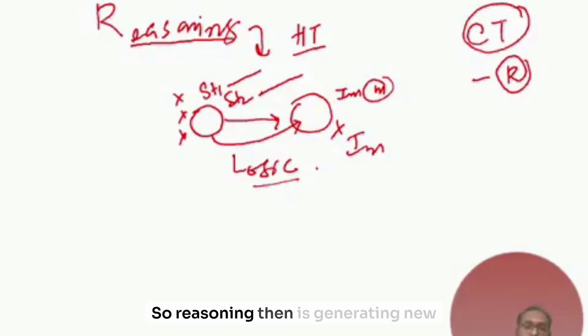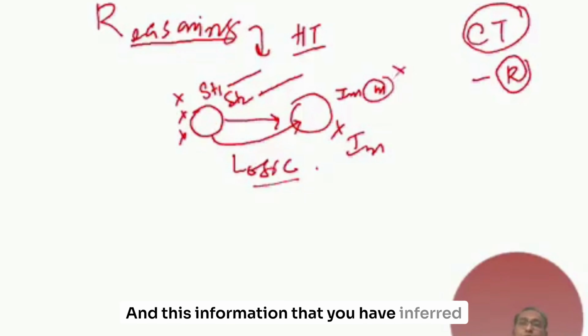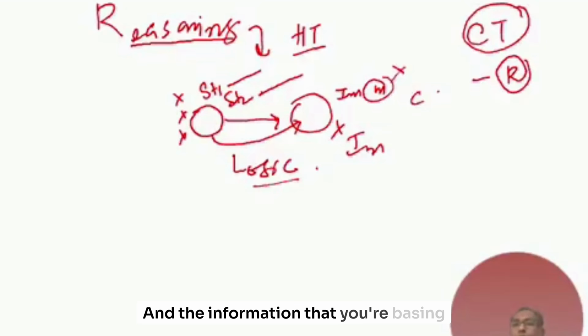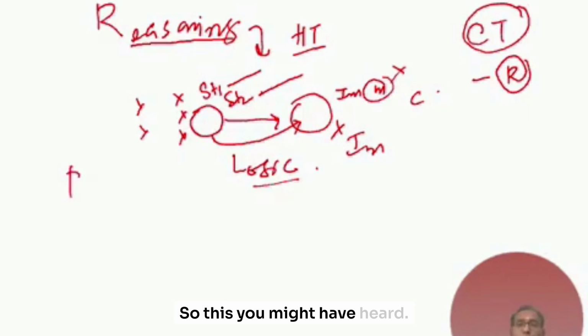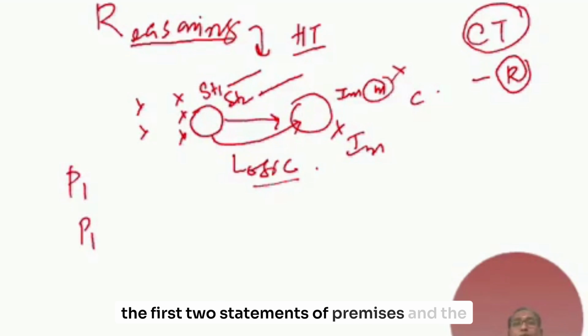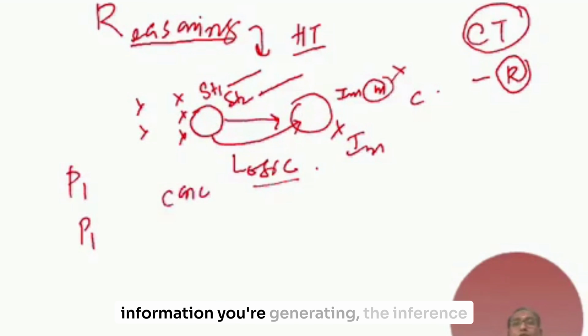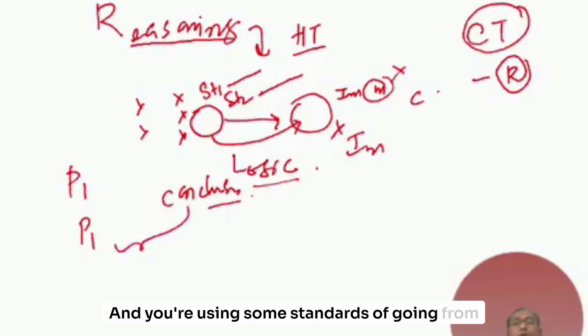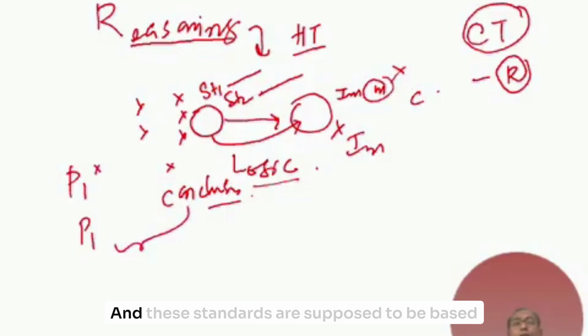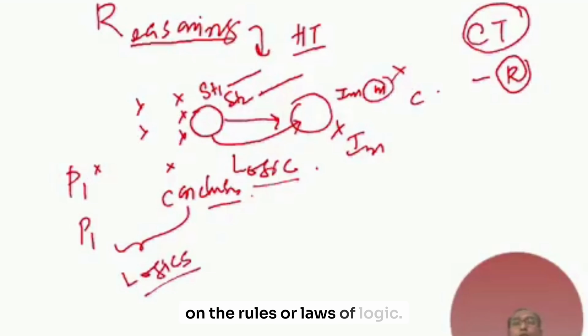So reasoning then is generating new information from the existing information based on some standards. And this information that you have inferred is called a conclusion. And the existing information that you're basing it on is called the premises. So this you might have heard. The first two statements are premises, and the information you're generating, the inference, is called a conclusion. And you're using some standards of going from here to here, and these standards are supposed to be based on the rules or laws of logic.